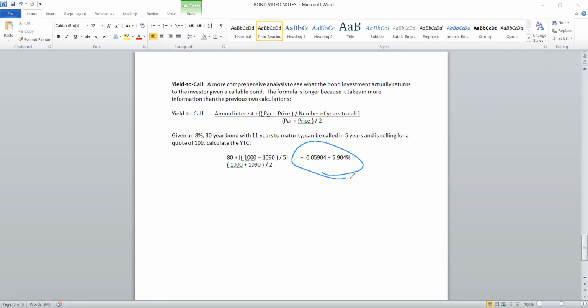And guys, I could set up a scenario where you would lose money. In some cases, the yield to call is a negative rate of return. Let's say you bought this thing and it was called the next day. Well, you would take an immediate $90 loss. Even if you got 1 year's payment, which you're not, because you bought it today and it was called tomorrow, you're not going to get a full coupon.